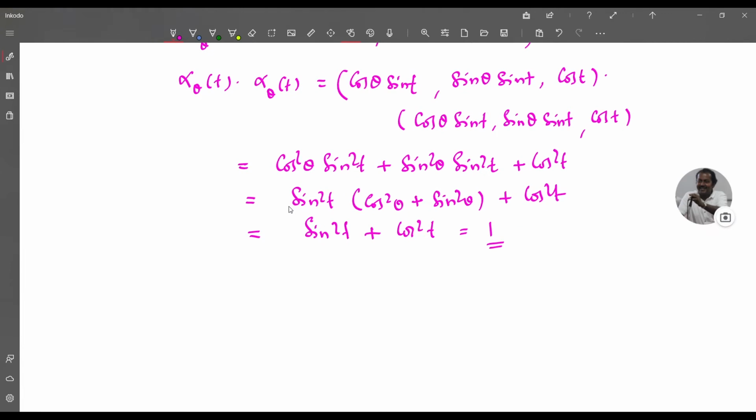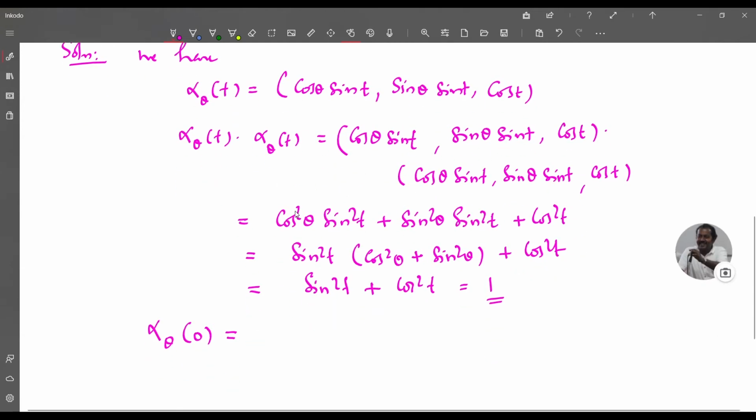Consider alpha theta of 0. Alpha theta of 0 is (cos theta sin 0, sin theta sin 0, cos 0). Since sin 0 is 0, this is (0, 0, 1). We let it be p.